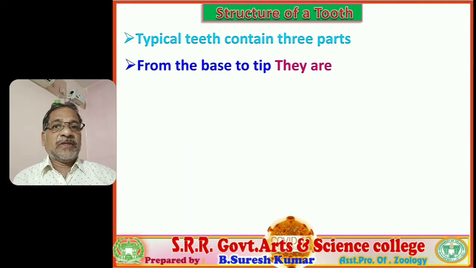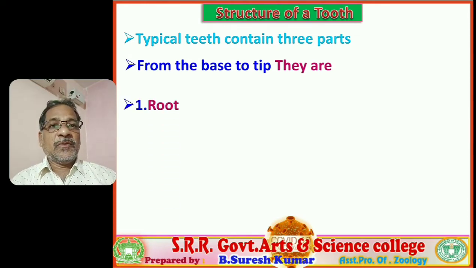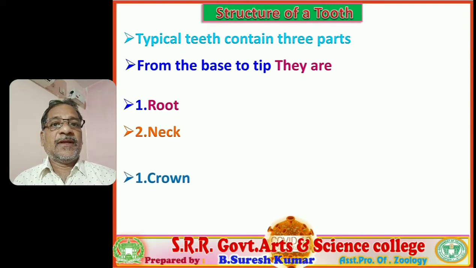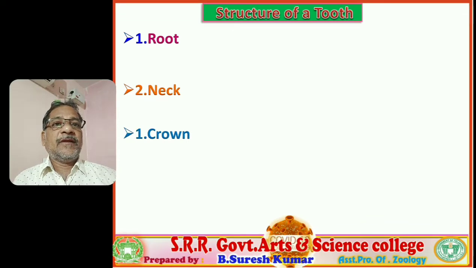I am explaining from base to tip onward. They are sequentially the root, second the neck, and third the crown. So these are the three parts present in the tooth.